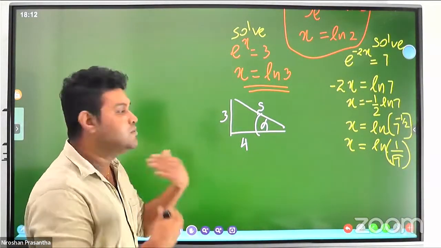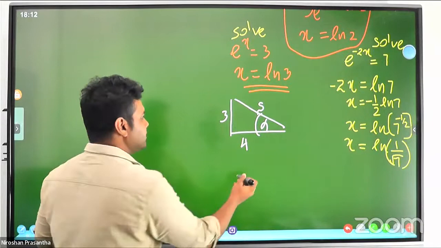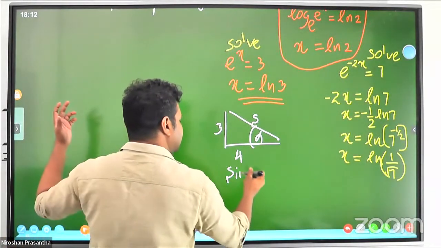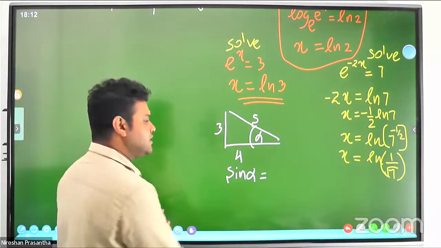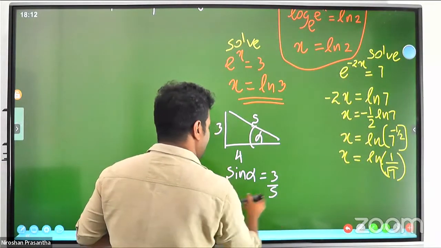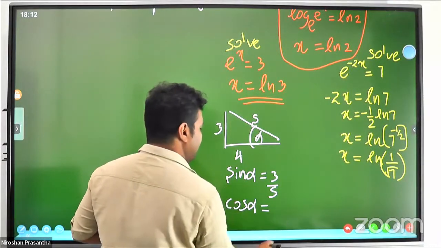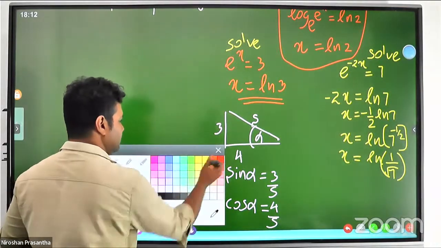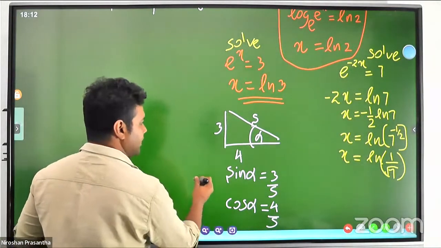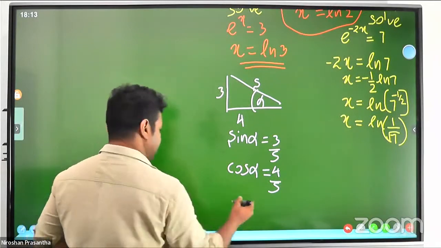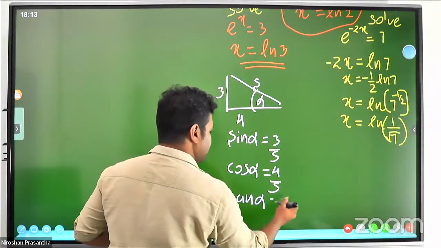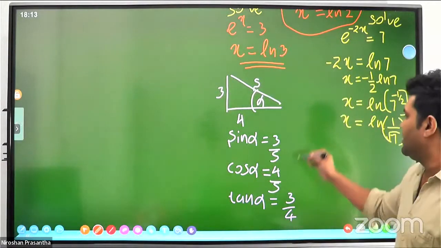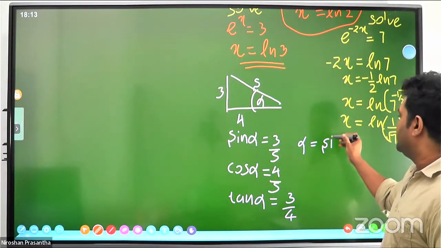Sine alpha is 3 over 5. Cos alpha is 4 over 5. And tan alpha you are writing 3 over 4.